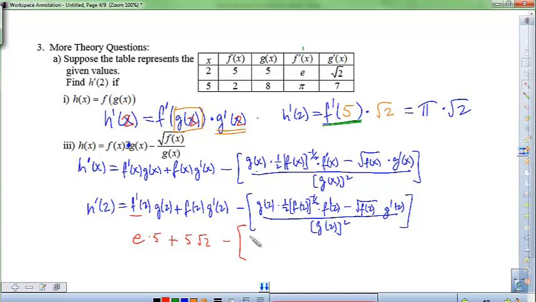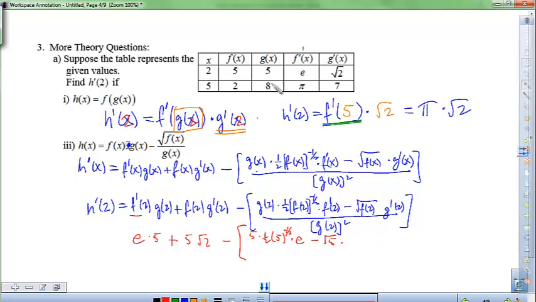G of 2 is 5 times 1/2, f of 2 is 5 to the negative 1/2 power, and f prime of 2 is e. We have the square root of f of 2, which is 5.